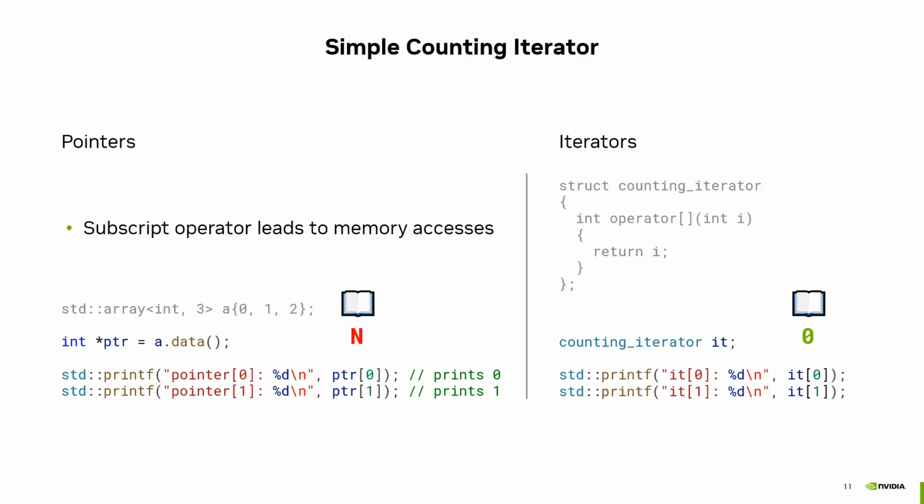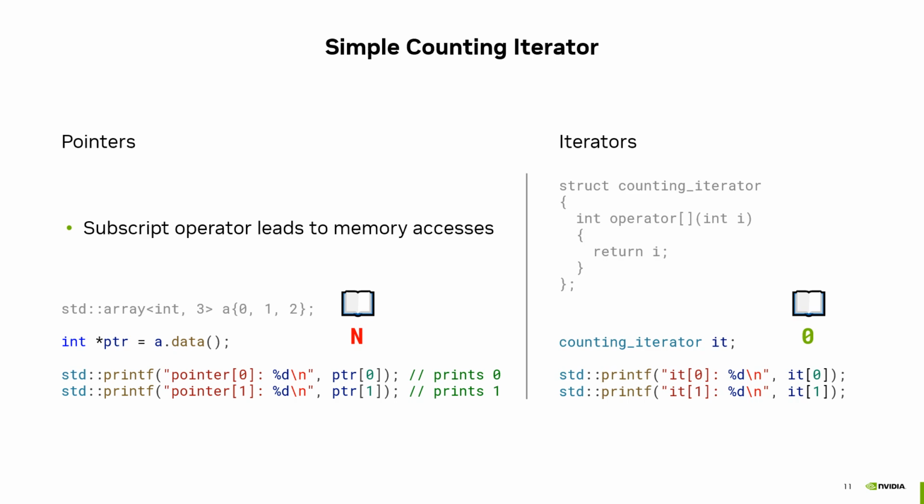That means if you read n elements, you'll have n memory accesses. Our custom type, on the other hand, simply returns the index you passed in with no memory access at all. In theory, that can give much better performance.